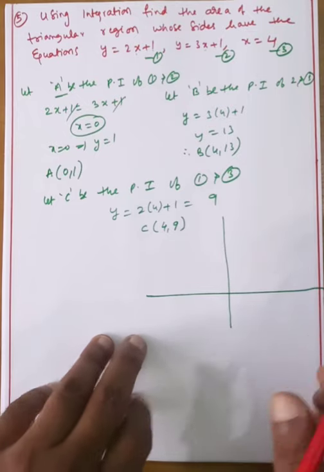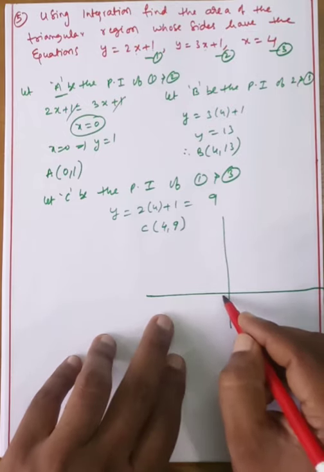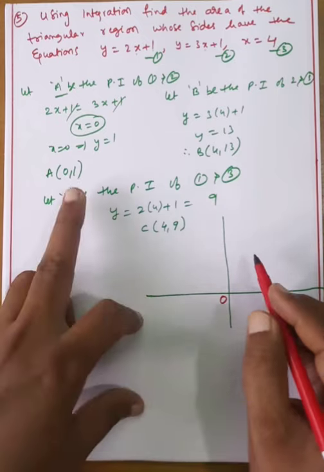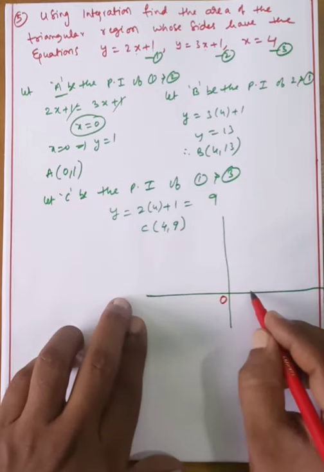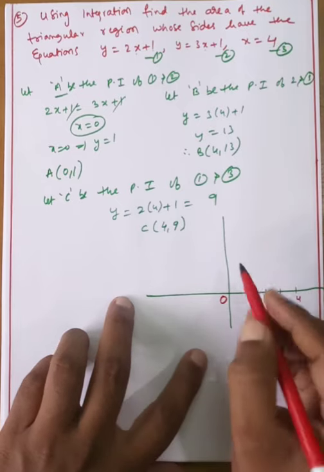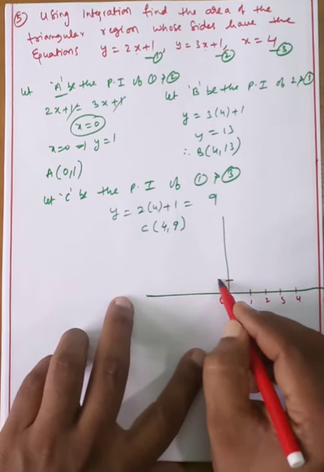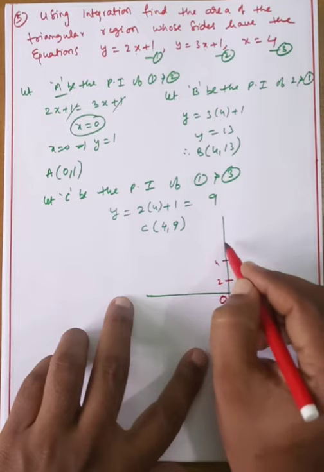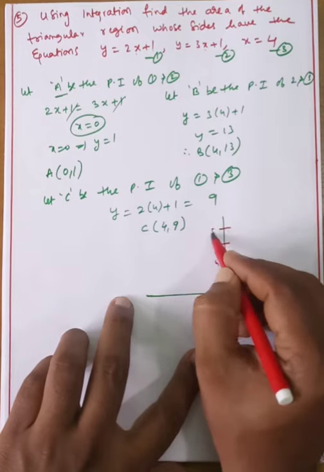Now what are the values of x? Here 0, 1, 2, 3, 4 only. Okay, here you will take 2 in this way: 4, 6, 8.